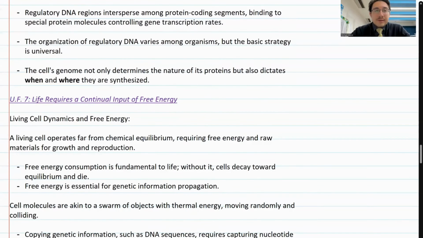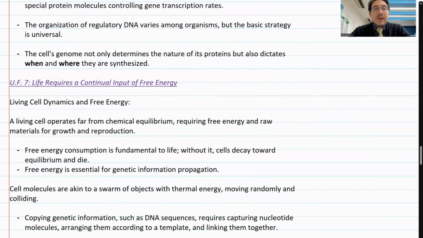As we're going to see in much more detail later on, between protein coding segments, there's a lot of regulatory elements, a lot of regulatory DNA regions that can control transcription rates.